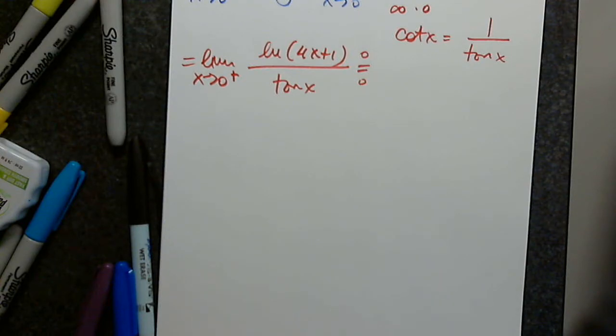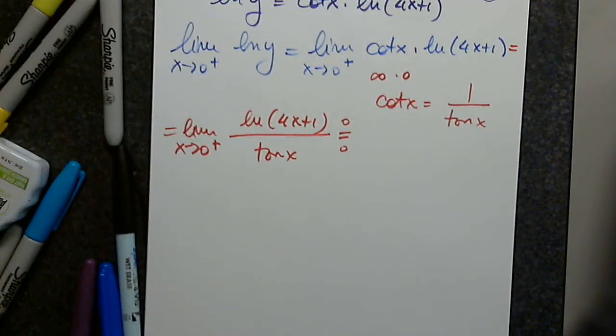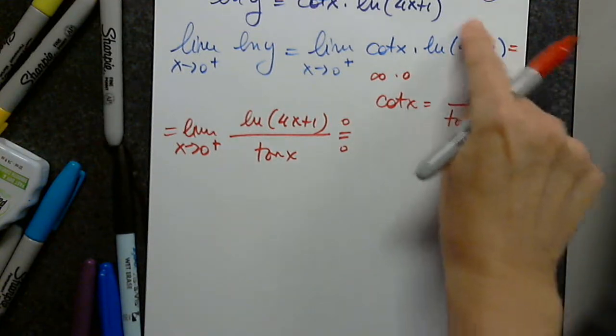So now I'm in business. First of all, a ratio, and then 0 over 0. One more time, what happened here? A simple algebraic manipulation helped us to change infinity times 0 into 0 over 0. So please remember, do not touch this.